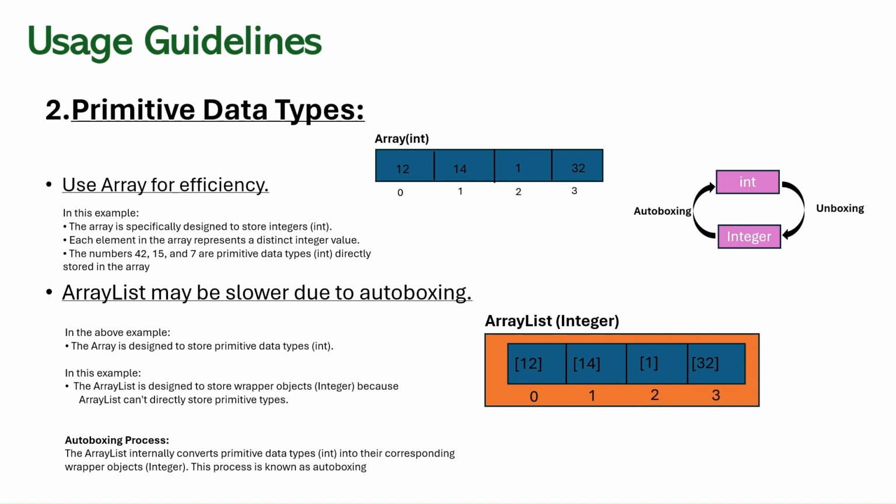So, for scenarios involving primitive data types, it's advisable to stick with the trusty array for optimal performance. The direct handling of data without the need for additional conversions or object wrapping ensures that you're getting the most efficiency out of your code.